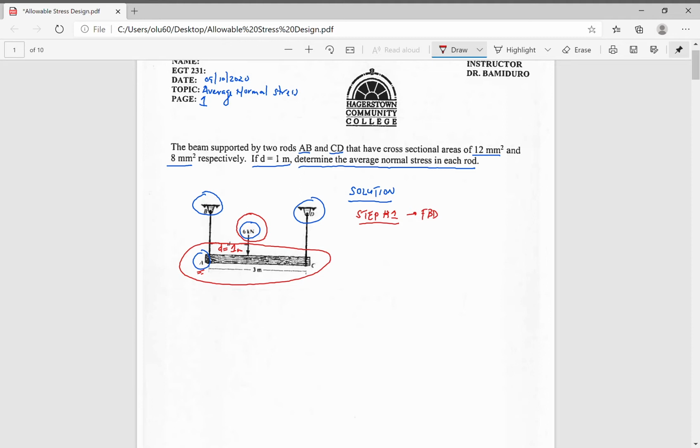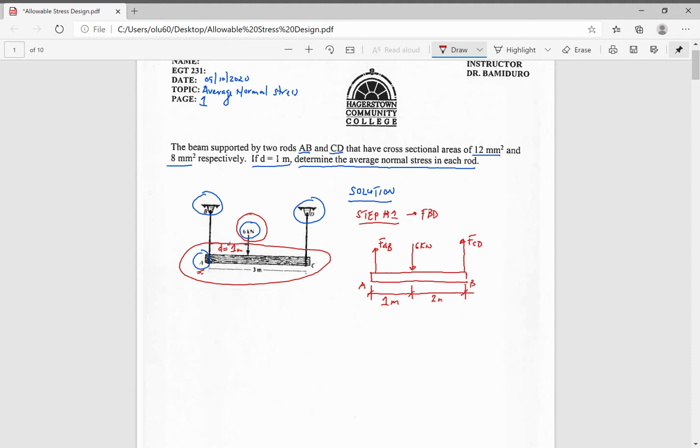We can replicate the drawing, whereby we have force AB, force CD, and this 6 kilonewton force coming down, and this is A and this is B. Then we can just draw the span at which these loads are located.